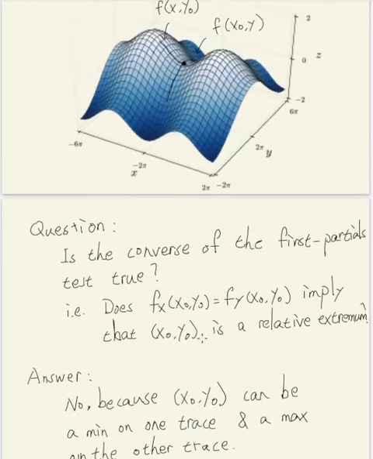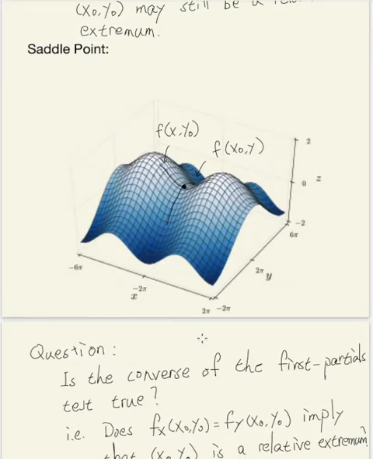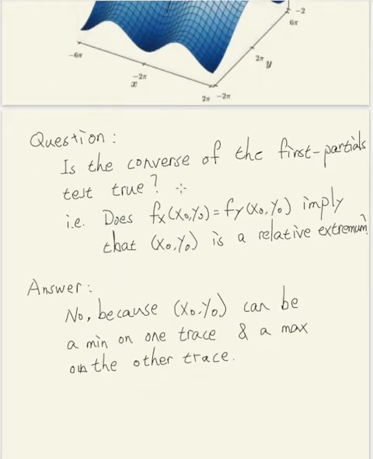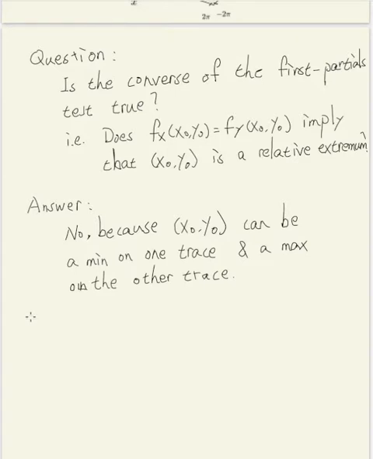So that tells us the converse of the first partial test is not true. If a point has 0 partial derivatives, we can only say it may be a relative extremum. We cannot say with certainty that it is indeed a relative extremum. It can be points of this nature. And these are the points that we call saddle point.